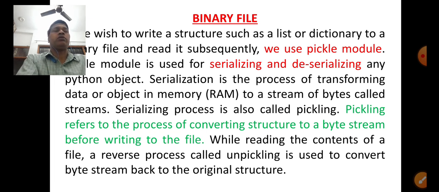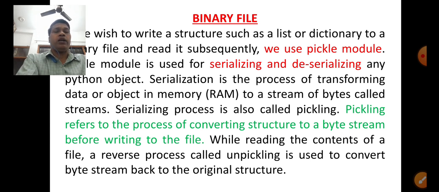Hence all the data processed by the processor are in the form of machine language, and all the input in machine language is written into your files directly. Hence there is no conversion from human readable form to machine language and from machine language to human readable form. Hence binary files are faster in comparison to text files.